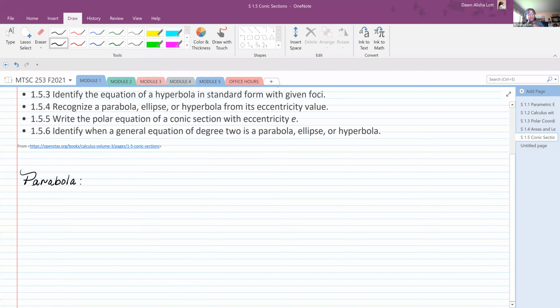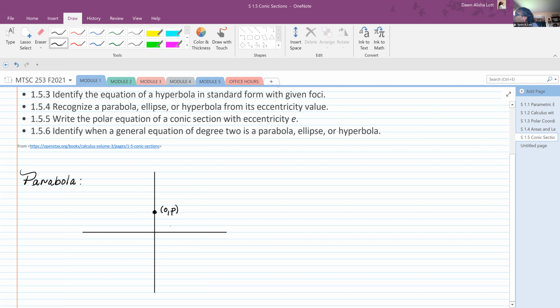All right, in order to determine what a parabola is, I'm first going to draw an axis here. And I'm going to draw a point, which is going to be my focus. This focus point is the point (0, P), so it is P units from the origin.